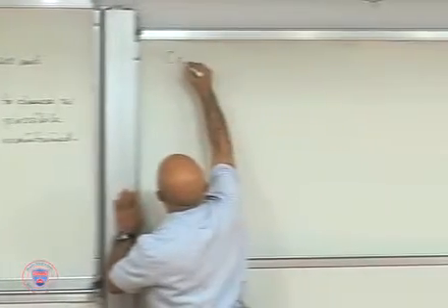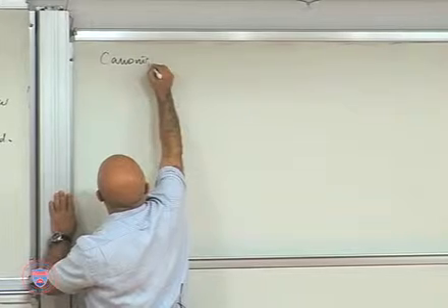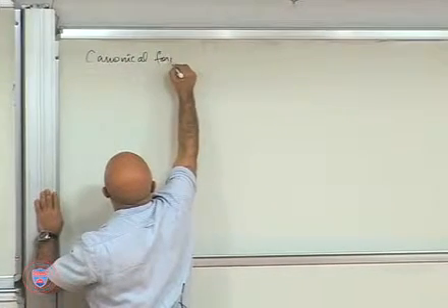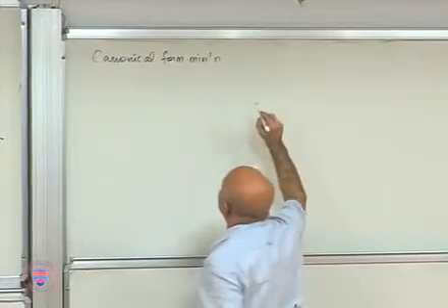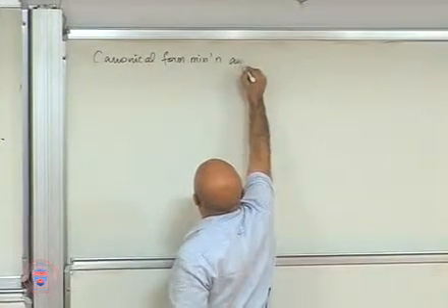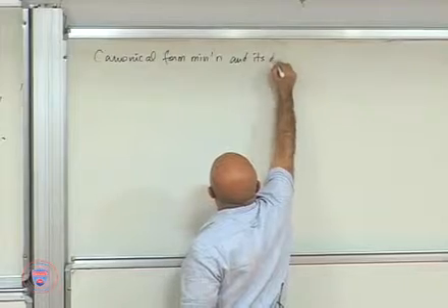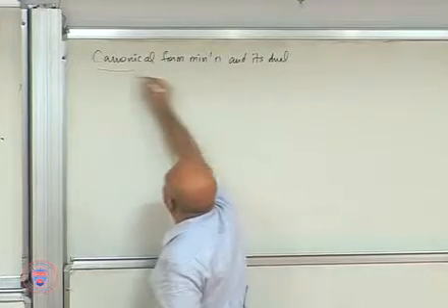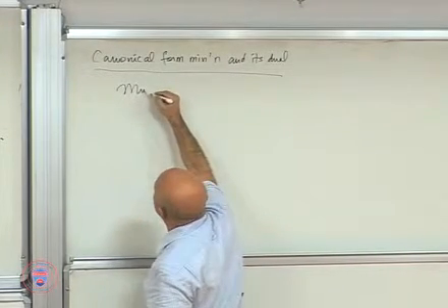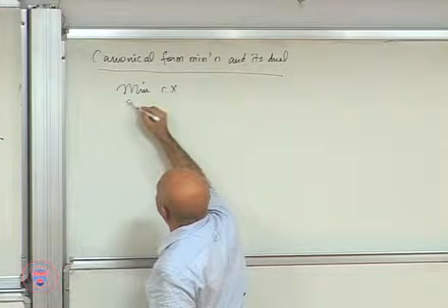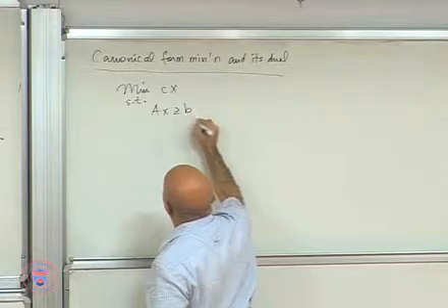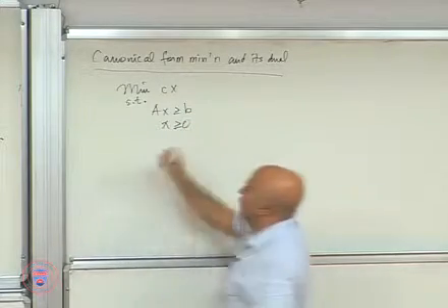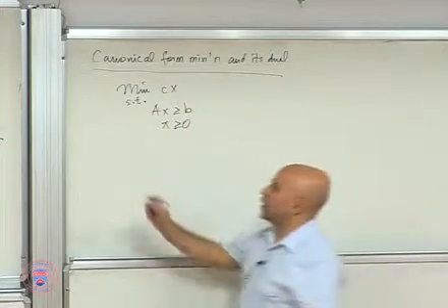Let's look at the canonical form now. Let's look at the canonical form minimization problem and its dual. In the canonical form minimization problem, you're minimizing Cx subject to Ax greater than or equal to b, x non-negative. That's your primal problem.